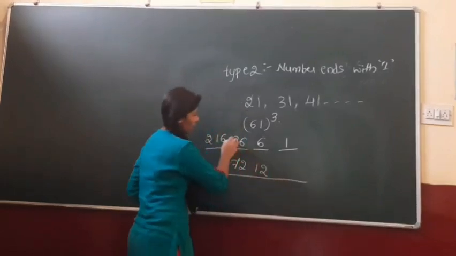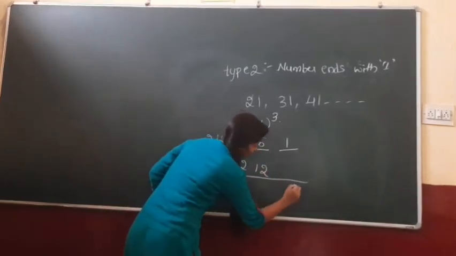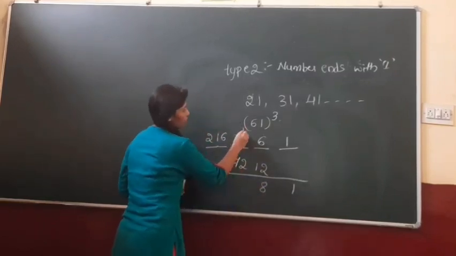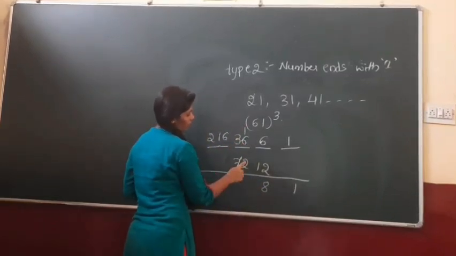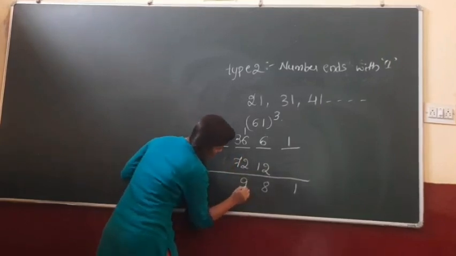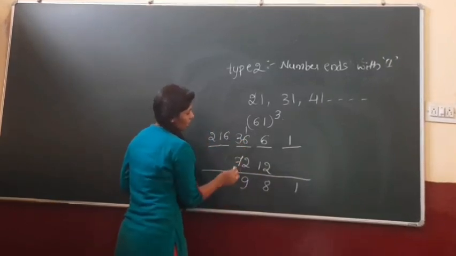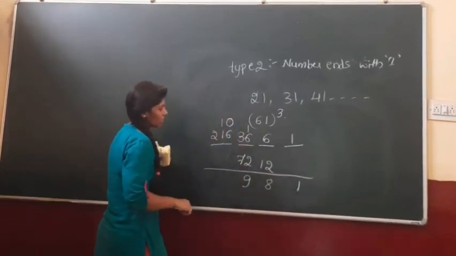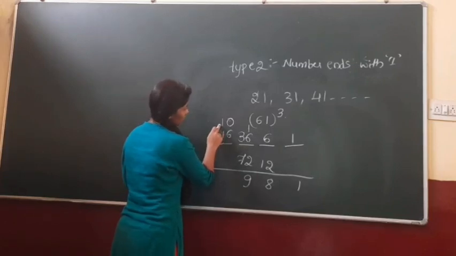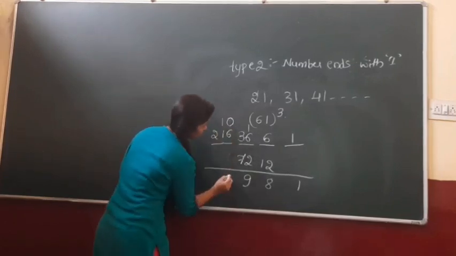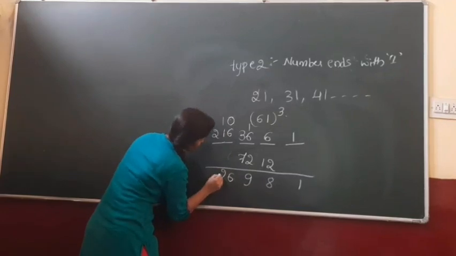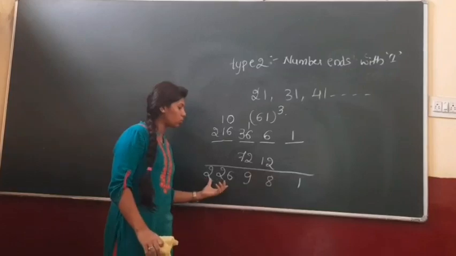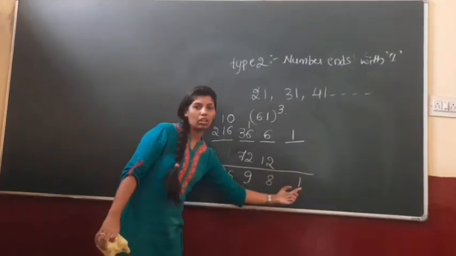Then we add these numbers. 1 as it is. 12 plus 6 is 18, and 1 is shifted here. 1 plus 6 is 7, 7 plus 2 is 9, 3 plus 7 is 10. Since we cannot write a ten here, we shift it to this side. Hence the 61 cube is 226981.